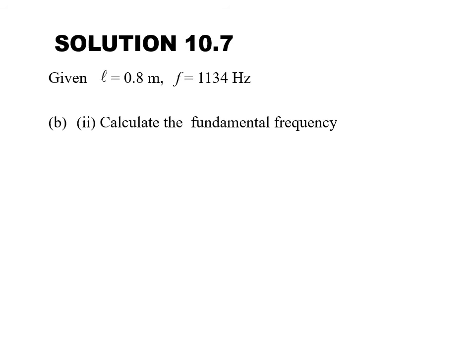Alright, you need to calculate the fundamental frequency of the fundamental mode. As we all know, for the fifth overtone you have the 11th harmonic, so n equals 11, the number of harmonics is 11.